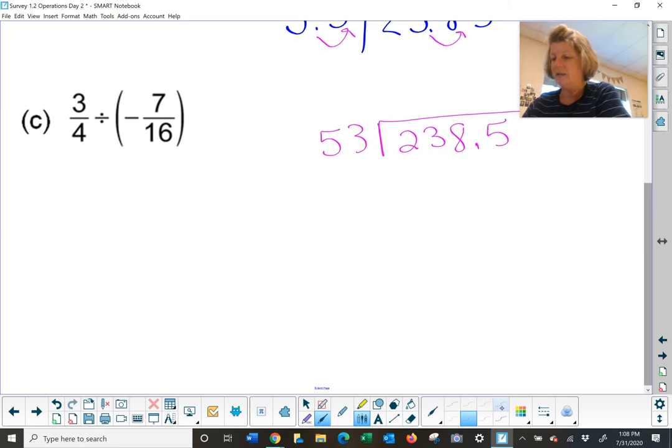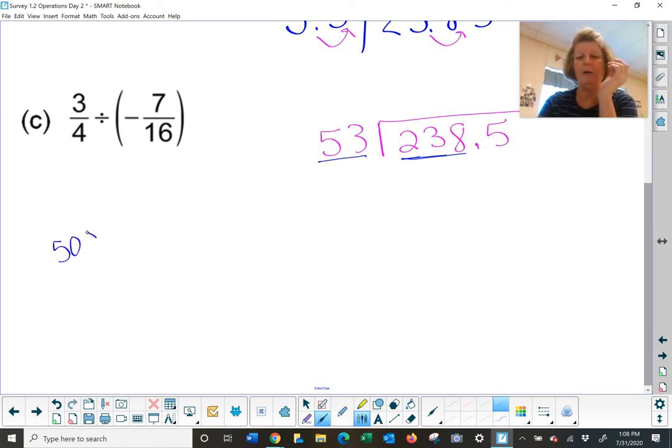And you ask yourself, does 53 go into 2? No. Does 53 go into 23? No. Does 53 go into 238? Yes, it does. So I'm roughly thinking 50 in my head, and I know 50 times 4 is roughly 200, right?